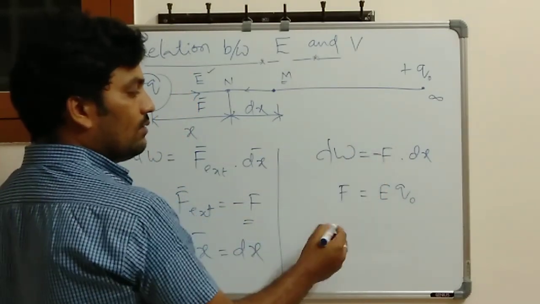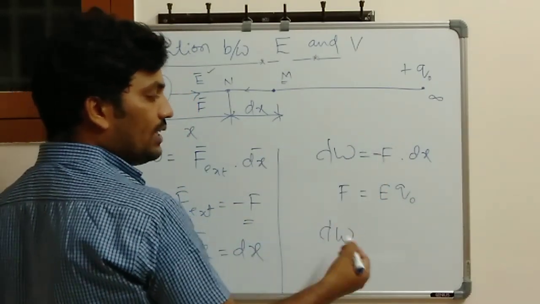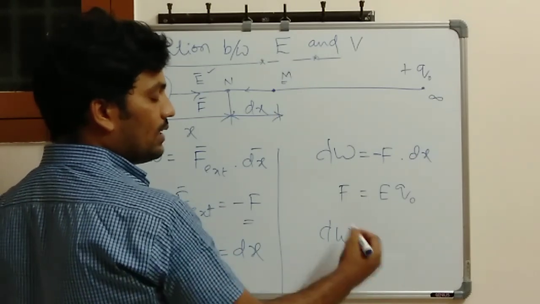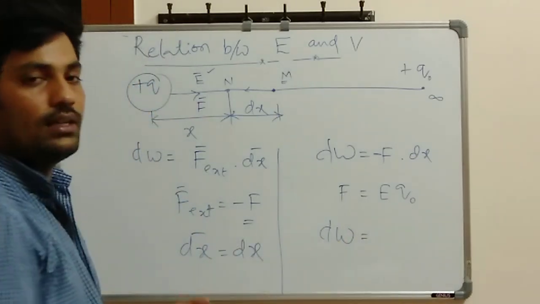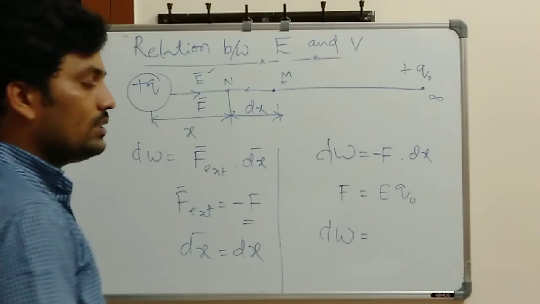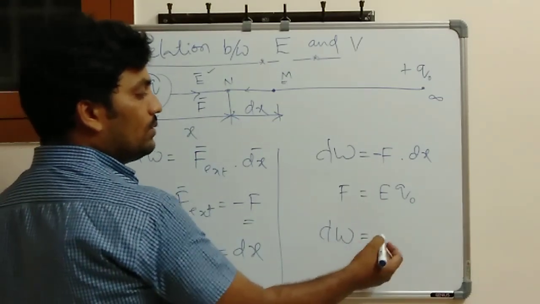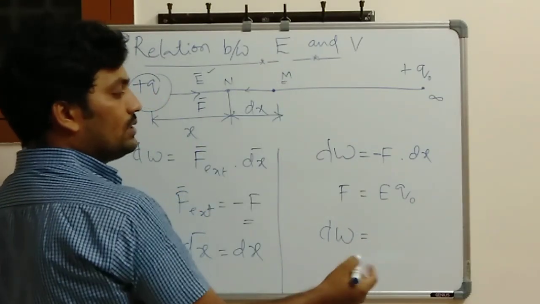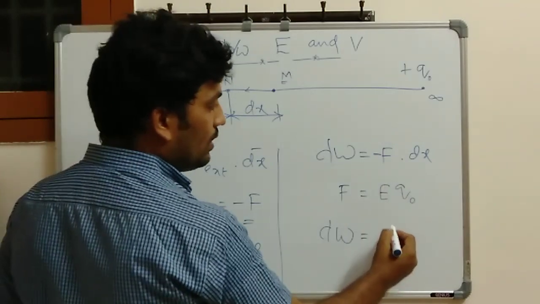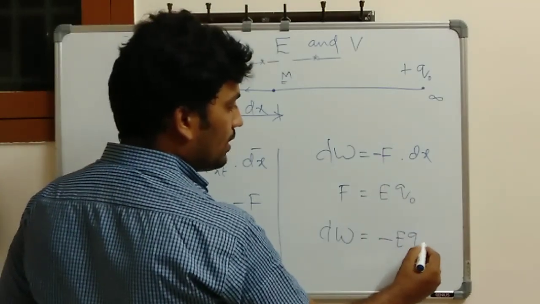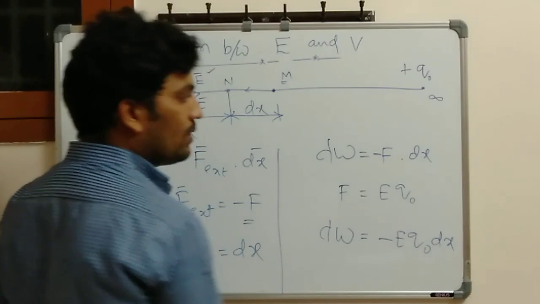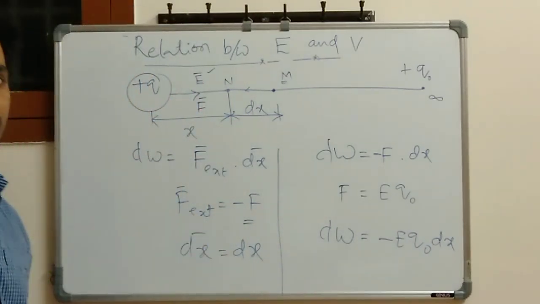If I substitute here, what do I get? The net external force applied, the work dW from M to N, is equal to minus E Q0 into dx. Please take the notes.